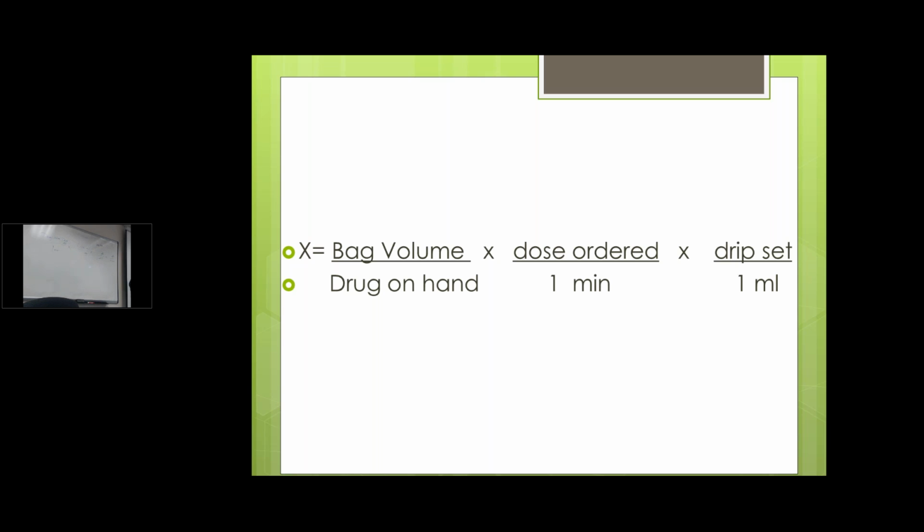So this is the formula, and this is what I want you guys to remember. Instead of concentration being the vial, it's the bag volume and the medication we put into it. Again, if I have 5 milligrams in a 10 cc vial, I don't put the 10 cc up here. I just put the 5 milligrams in here, and that's just the volume of the bag. I want you guys to have the formula on the slide memorized.